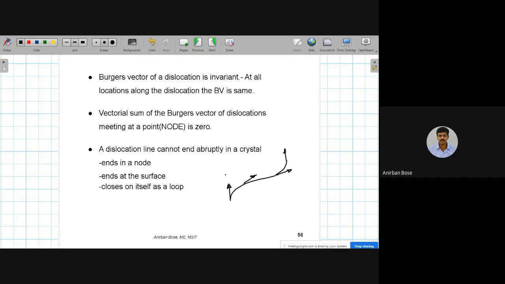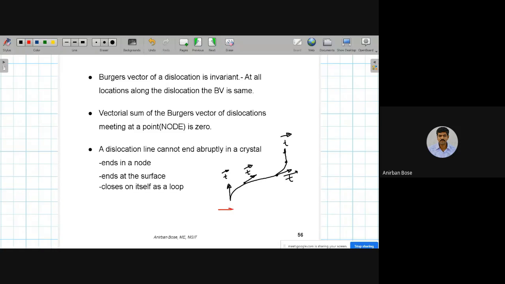As you can see, these are the dislocation line vectors at different locations. It is basically the tangent to the dislocation line. The dislocation line vector is different at different locations along the dislocation line, but the Burger's vector is the same everywhere in that dislocation line.